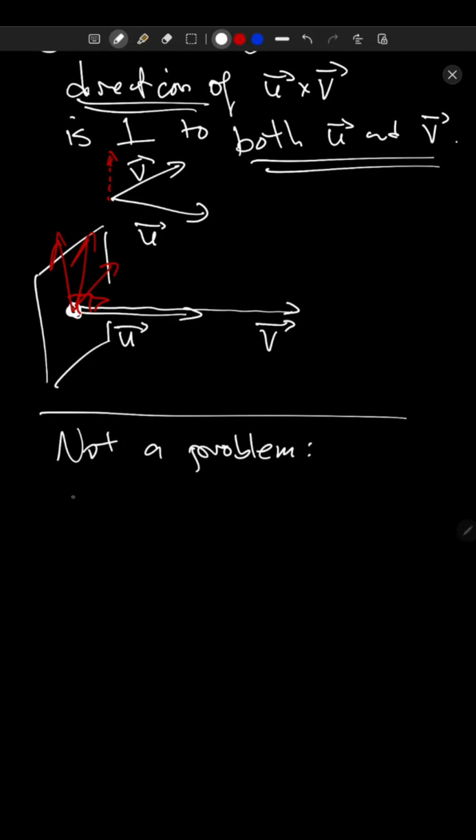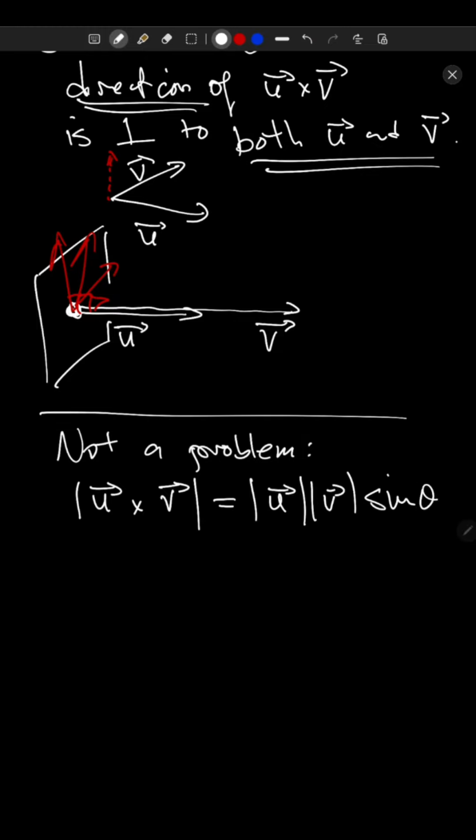Because what's the length of the cross product U cross V? Again, I'm just writing down our definition, the length is |U||V| sine theta. Well, if two vectors are parallel, or let's say, for example, in this picture, literally in the same direction, then theta equals 0. All right?